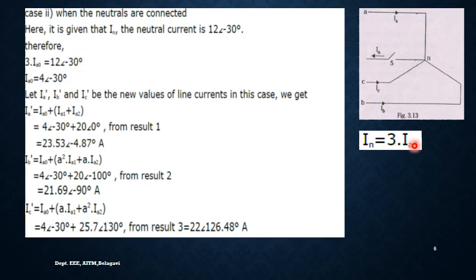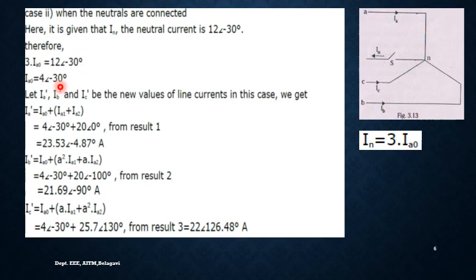When the given system is a 4-wire system, the neutral current will be equal to 3 times the zero sequence component current. So by using this equation, we are going to find the zero sequence component current value. Now substitute In equal to this and reduce the equation to get Ia naught equal to 4 at an angle minus 30 degree.